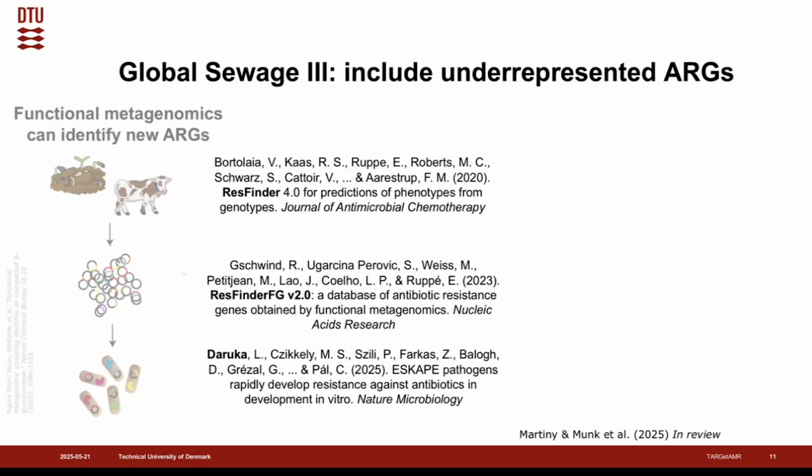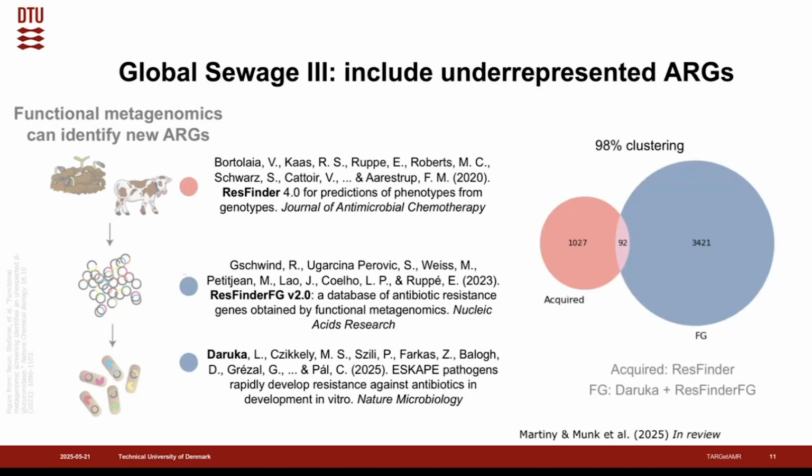So we took the genes from the two papers here and combined that and did a little bit of clustering, where we're ending up working with the acquired resistant genes from the ResFinder database as one category, and then we grouped the ResFinder FG and the Inda Ruga genes into this group we call the FG to see what are the differences. Is there a big thing going on?